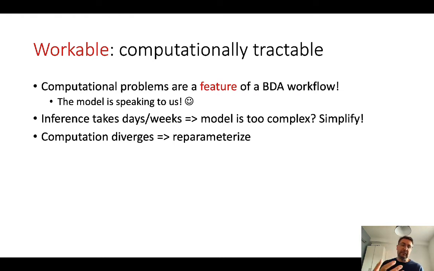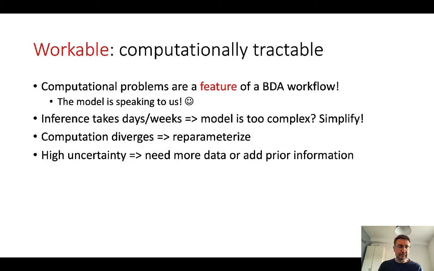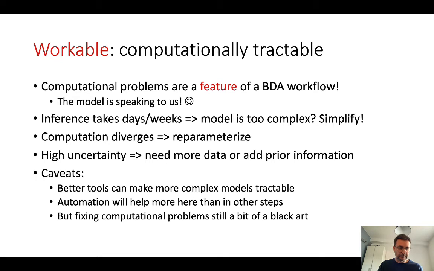But for this step, we need to rely more on the statisticians, because this is about the actual workings of the statistical tools and software that we use. For example, high uncertainty, maybe this would come in the next step, but you can consider it here too. Well, if the uncertainty is very high in the output, you need more data or additional prior information.